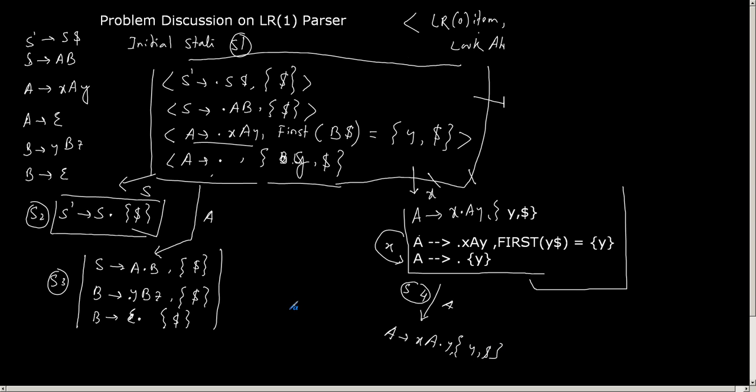So the idea is that we need to create the LR1 item set, where the first element is the LR0 item and the second one is the look ahead symbol.